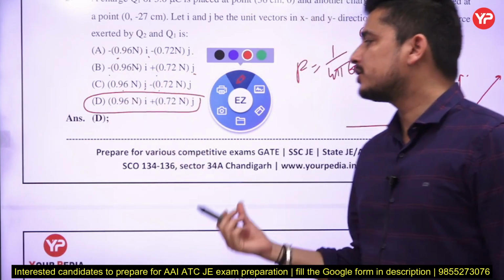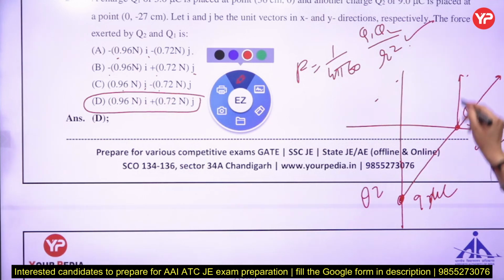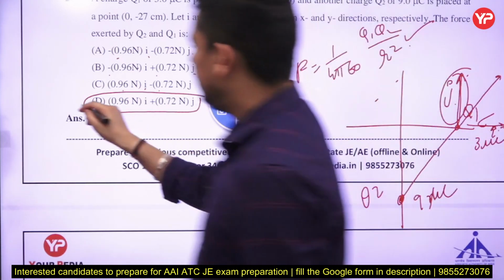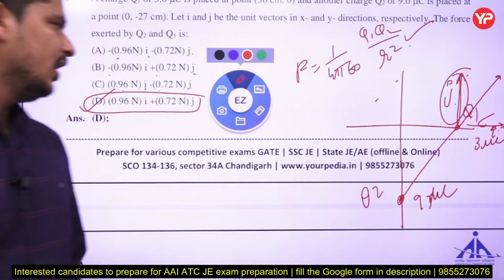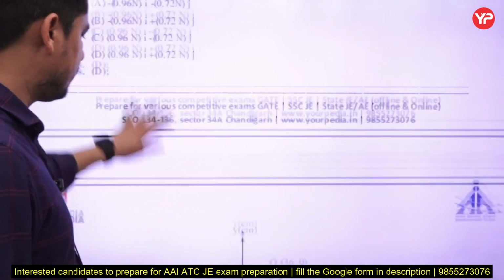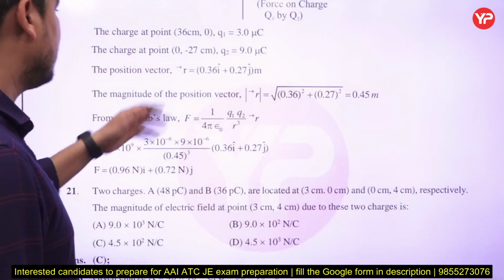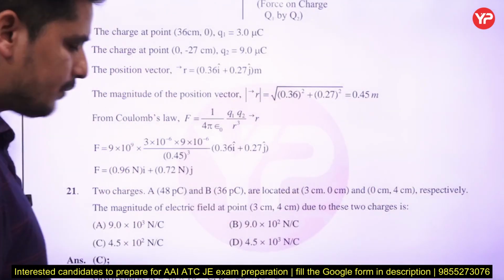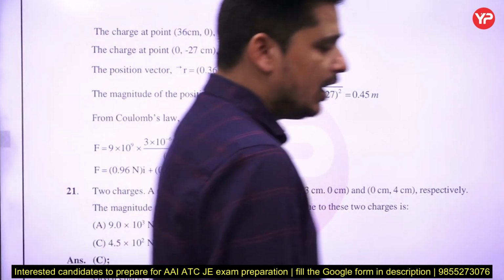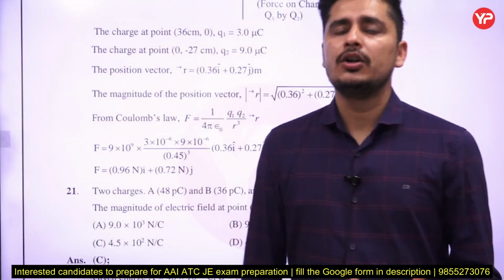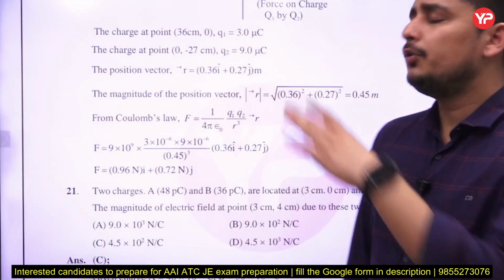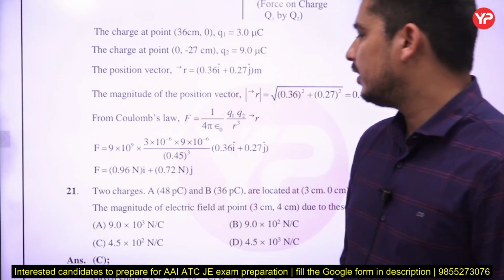Only one option has our force going in plus j and plus i direction, so we can eliminate the other options, and the answer will be D. Otherwise you can follow the complete process we did here and calculate the exact value. But in MCQ types you have to check how we can save our time to solve a question, how you can go from the options.